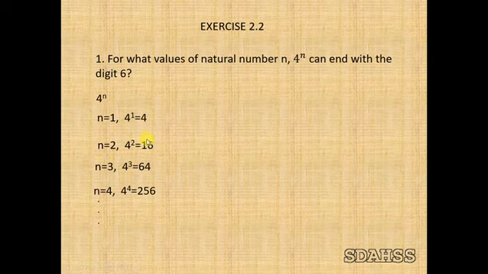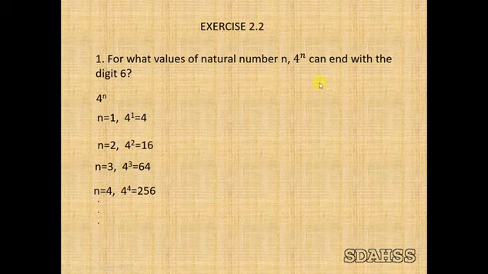Now look at all the last digits. If you substitute n is equal to 1, the last digit is 4. If you substitute n is equal to 2, the last digit is 6. If n is equal to 3, the last digit is 4. If n is equal to 4, the last digit is 6.